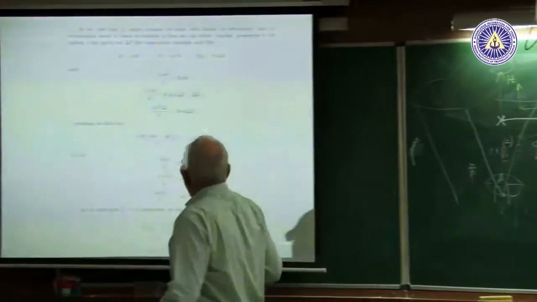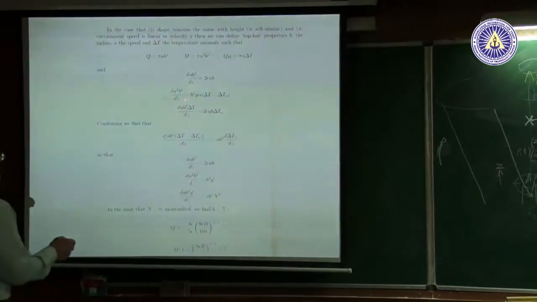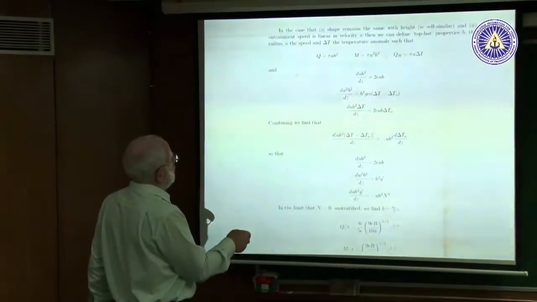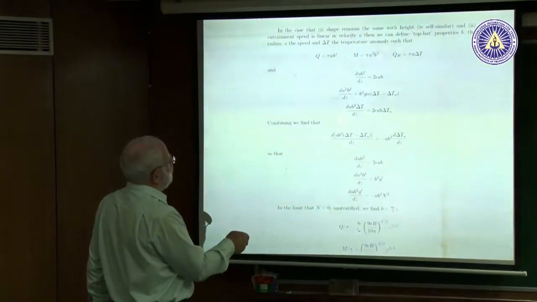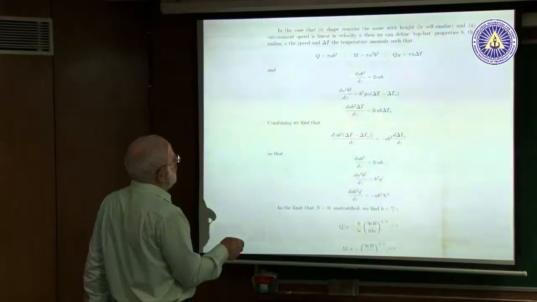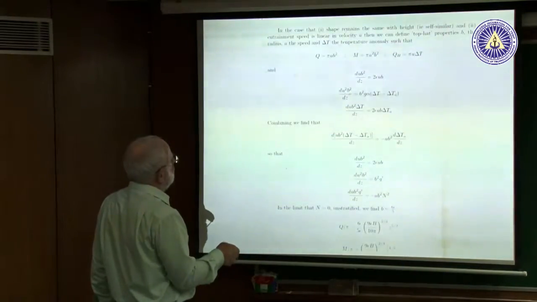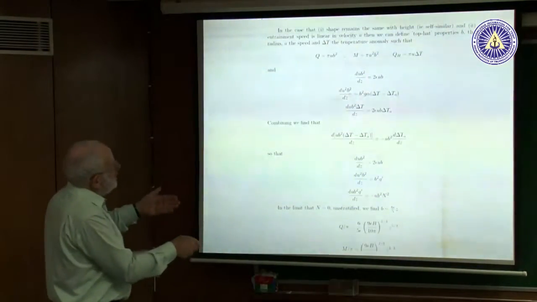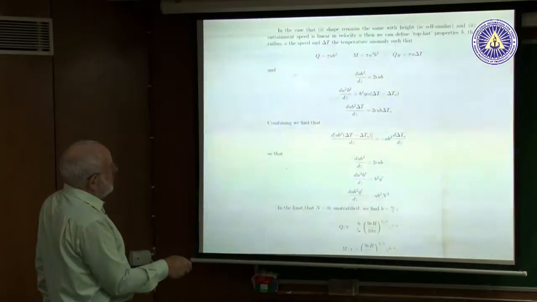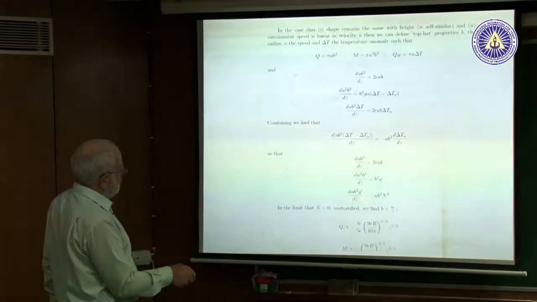Okay, and now basically this is saying the same thing, but for the buoyancy. This is the buoyancy that's driving the motion, and we can combine these equations to get basically this set of equations.